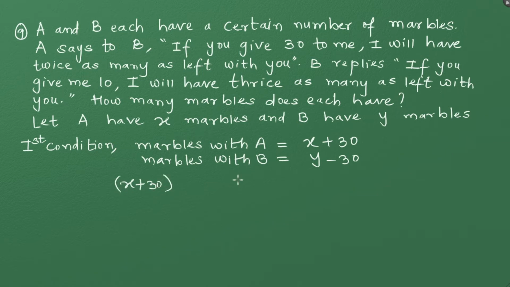This is x plus 30 and y minus 30. So A says to B, if you give 30 to me, so the number of marbles with A is x plus 30, then I will have twice as many as left with you. So this equals twice of y minus 30.